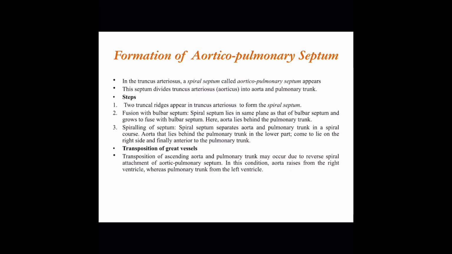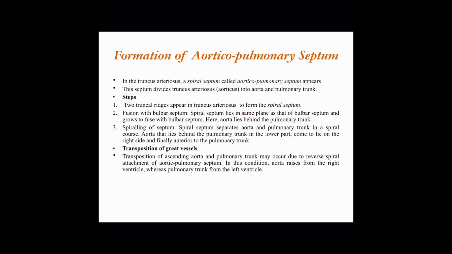Okay, so formation of the aortopulmonary septum. This septum divides the truncus arteriosus into aorta and pulmonary trunk. Two truncal regions appear in the truncus arteriosus, forming the spiral septum. Okay, we have already discussed its situation.